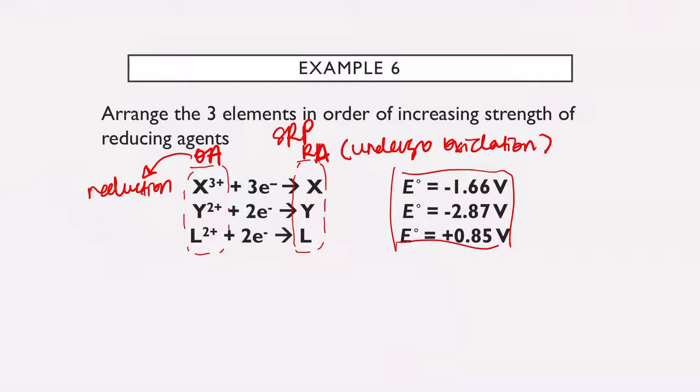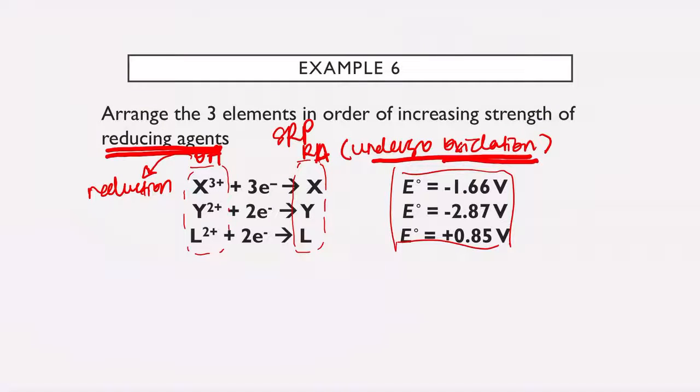So I would like to see from one point of view lah. I would like to see who is the strongest, sorry, kalau reducing agent, the strongest reducing agent will be the one that will undergo oxidation.